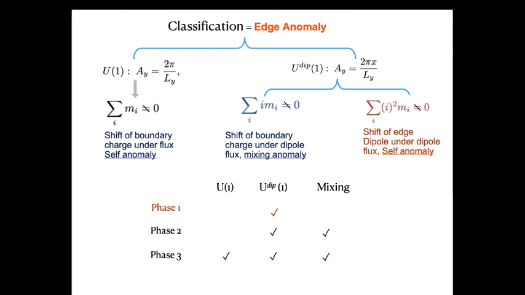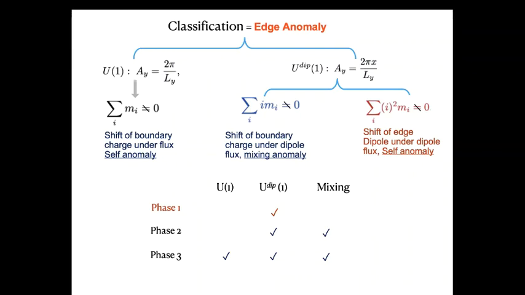So here on the boundary, for the whole system, we have two types of symmetries. One is the charge U(1) symmetry, and the other is that the dipole moment is conserved. So in principle, we can have three classes of anomalies that can appear. The first is the self-anomaly of the U(1) current, and that says if I insert a 2-pi flux with respect to the U(1) symmetry, on each boundary the charge is not invariant under flux insertion.